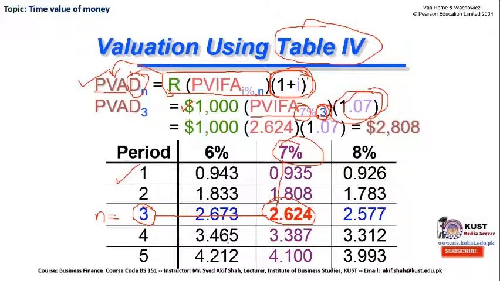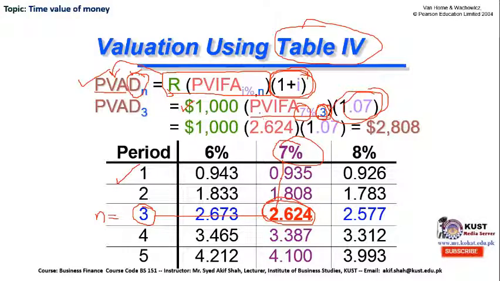As I have already explained in my previous lecture, we are just using the partial table which has been cropped from our main table. However, these values can be up to 50%, and similarly the period may also be up to 50 or 100 years. So just pick up this value, which is 2.624.